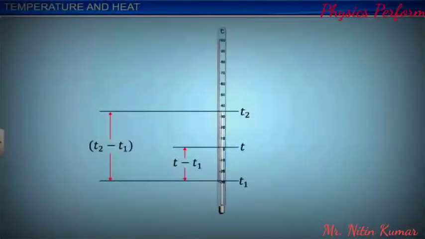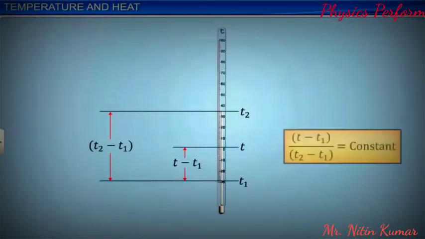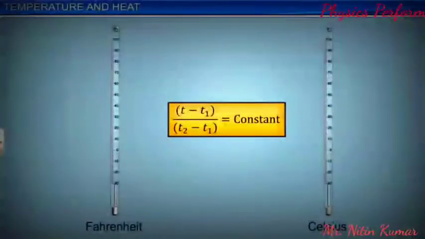For any temperature scale, the ratio (T minus T1) by (T2 minus T1) is constant. This can be used to find relationships among different temperature scales.